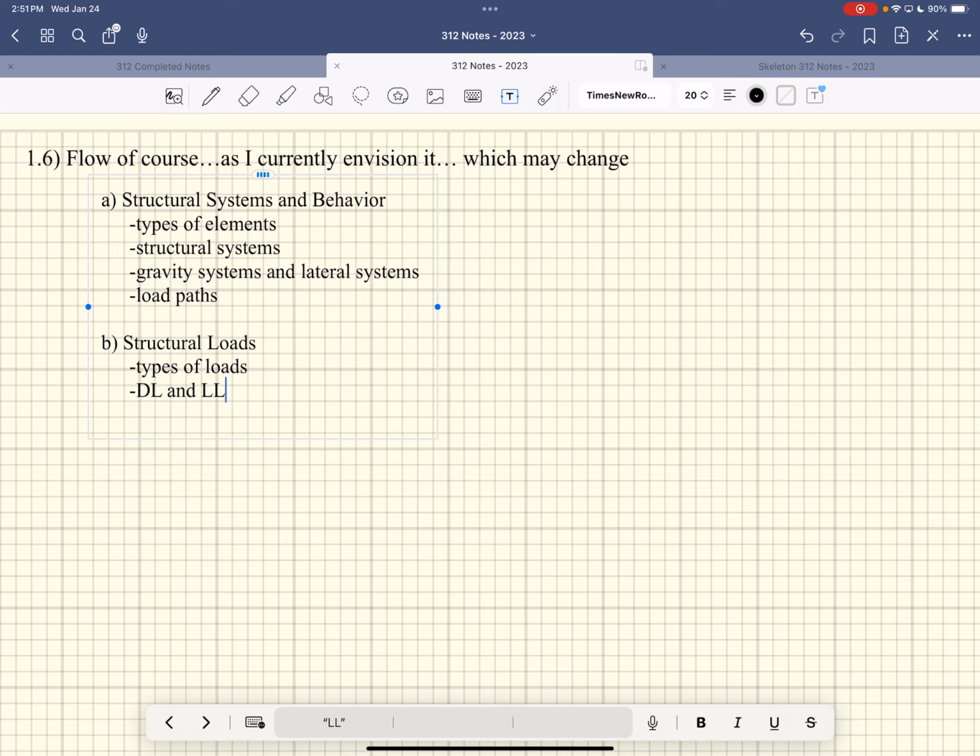Briefly? Okay. There's dead loads and live loads, and there's uncertainties associated. We really know a good thing about dead loads, how much something weighs. But live loads is who knows. Anyway, we'll talk about those in detail, the different types of loads. In here too, load combinations.